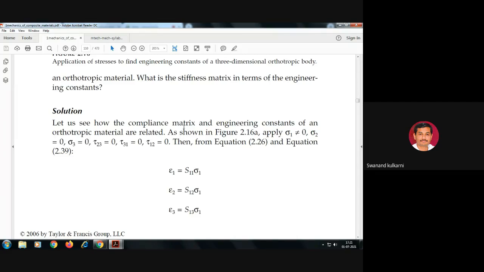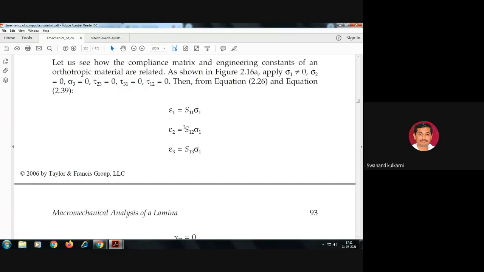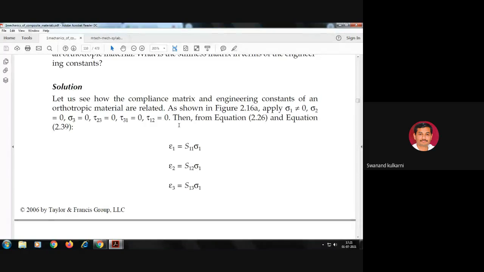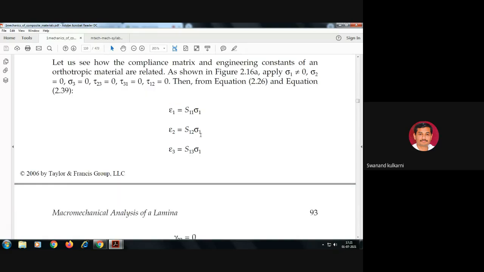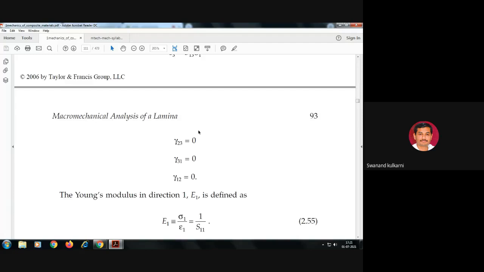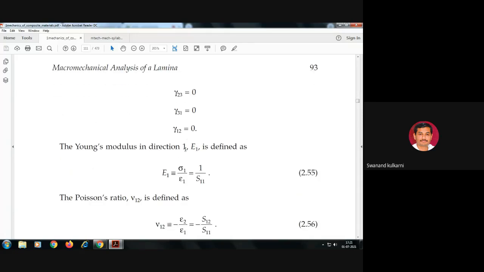Now if we write the equation in terms of strain to stress, epsilon 1 is equal to S11 sigma 1, epsilon 2 is equal to S12 sigma 1, epsilon 3 is equal to S13 sigma 1. Similarly, the three shear strains are equal to 0.